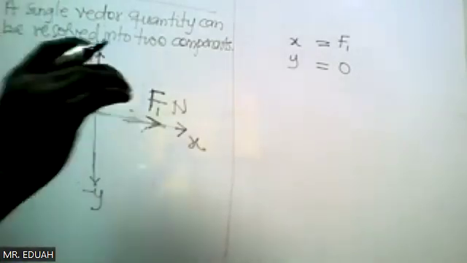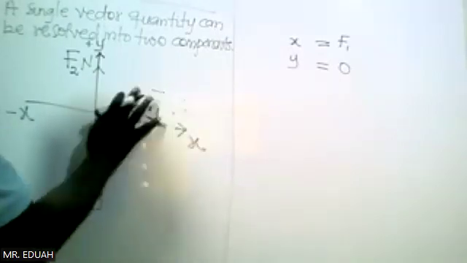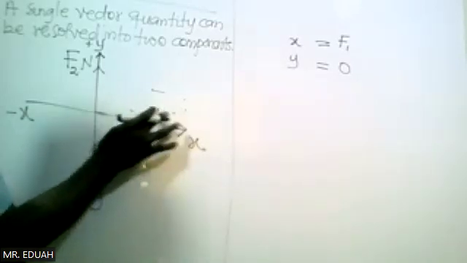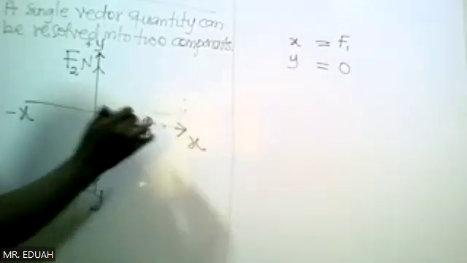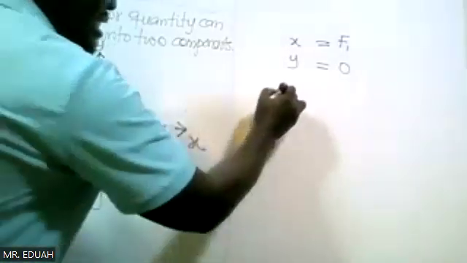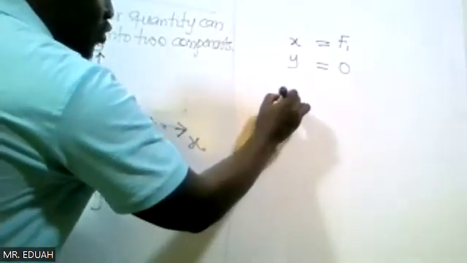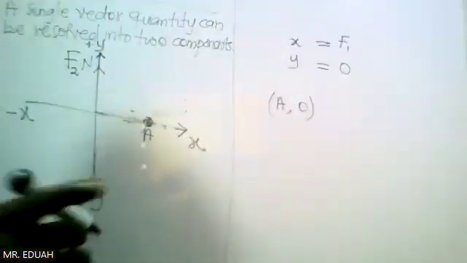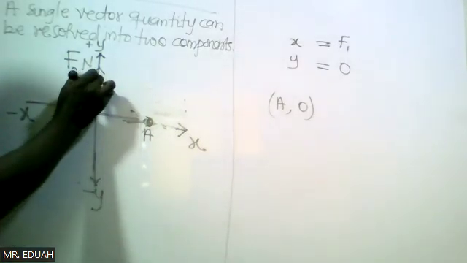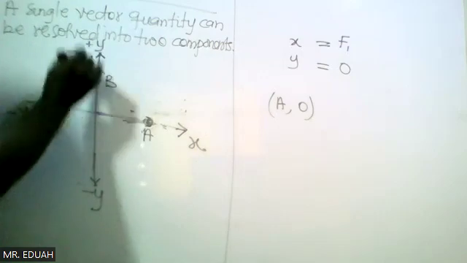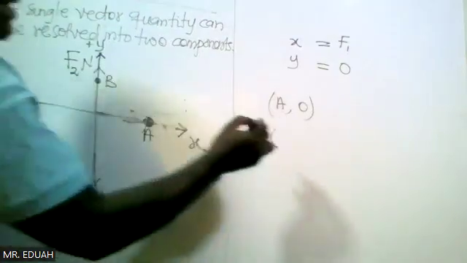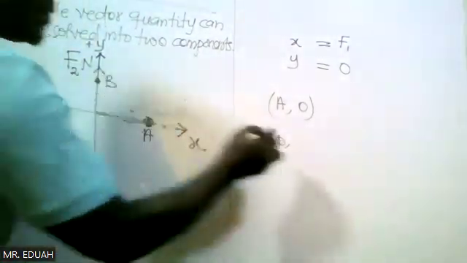This is similar to your transformation lesson. If a point A is on the x-axis, the x component is A and the y component is 0. If a point B is along the y-axis, the x component is 0, but the y component is B.